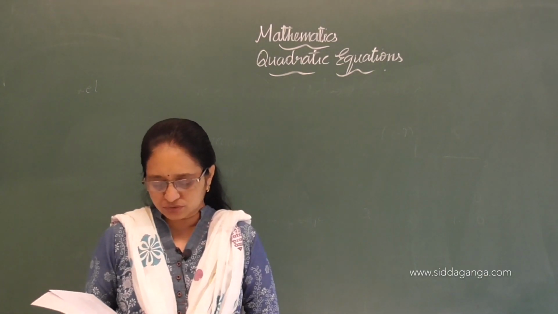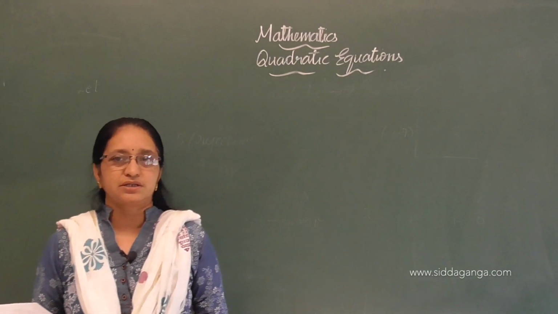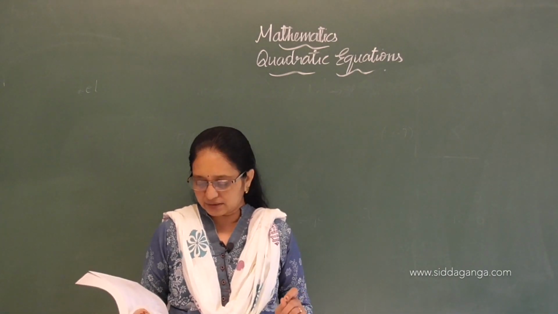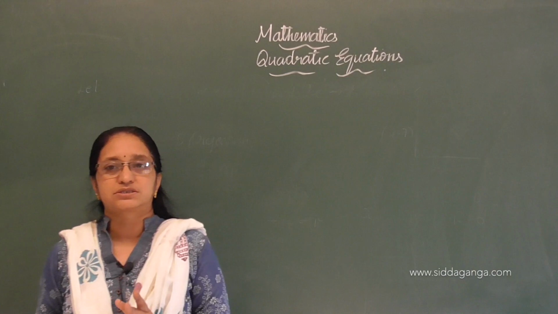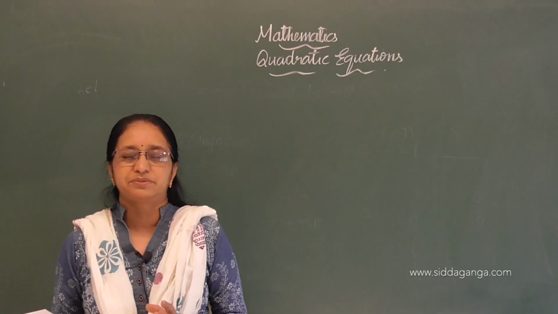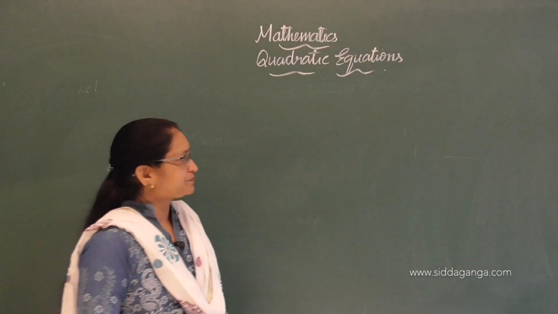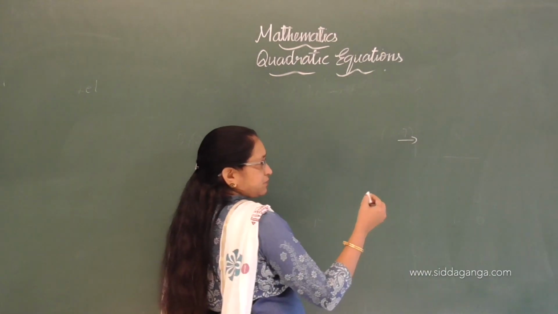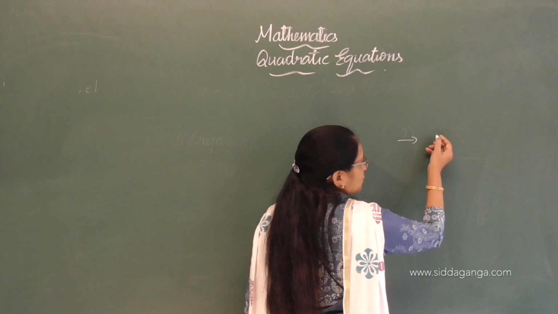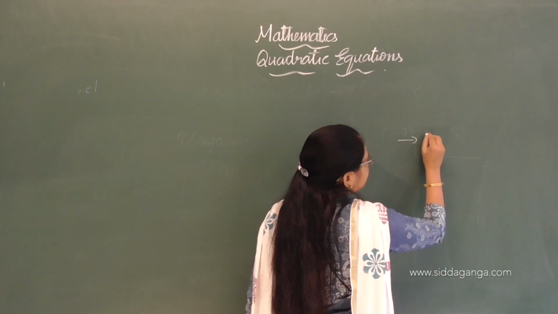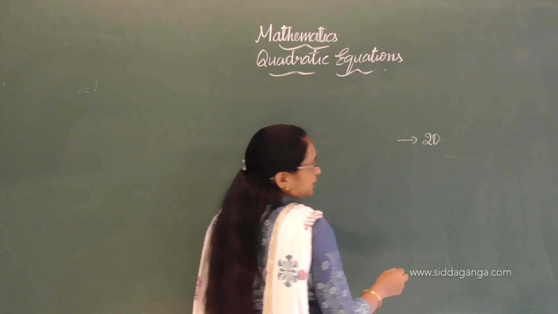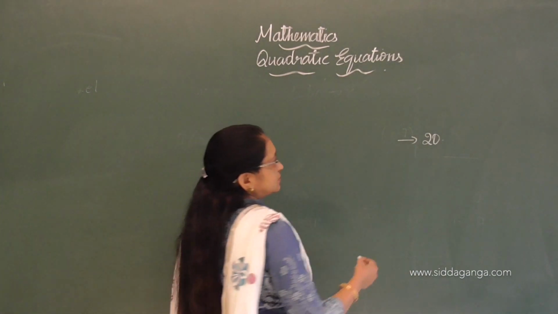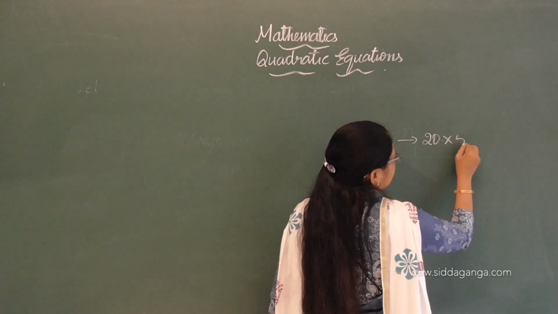And total cost, see there is a difference between the cost of an article and the total cost. Underline that. Total cost means, for example, if one pen costs 20 rupees, okay, if I buy 5 pens, then I will multiply by 5.